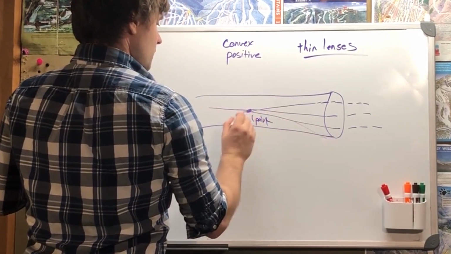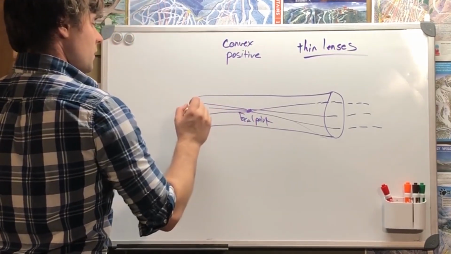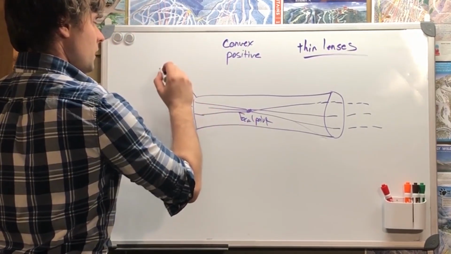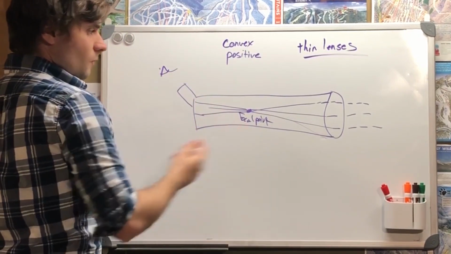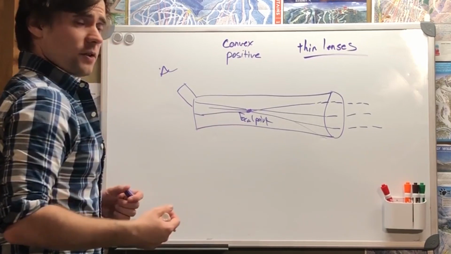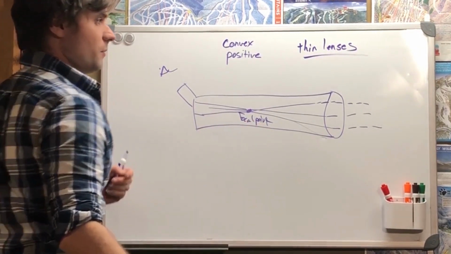And then goes out again and into the eyepiece for you to view. So that's basically a convex or positive lens and how they're used inside a telescope.